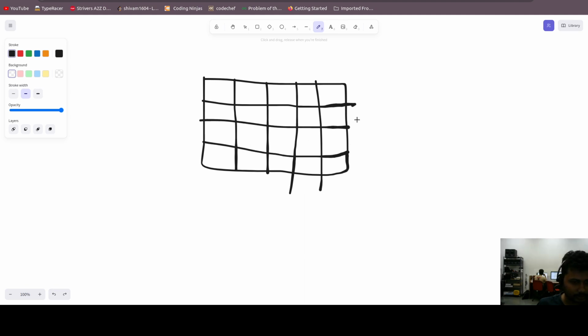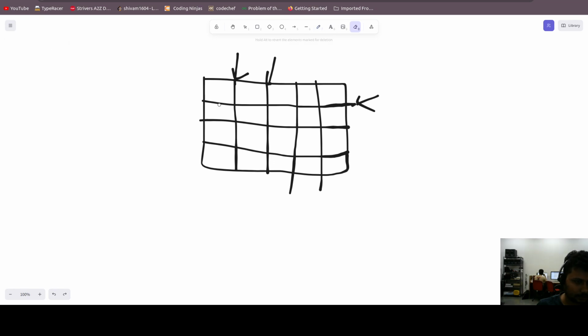Suppose you can remove this one, and this one and this one. After removing this one, you will not have this line, and after removing this one and this one, you will not have this line. So you will get this much area.